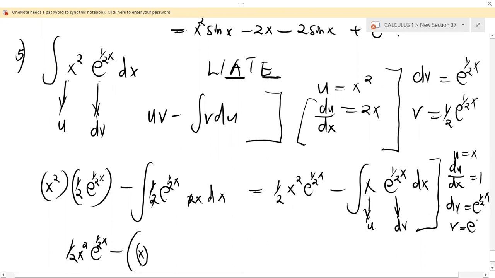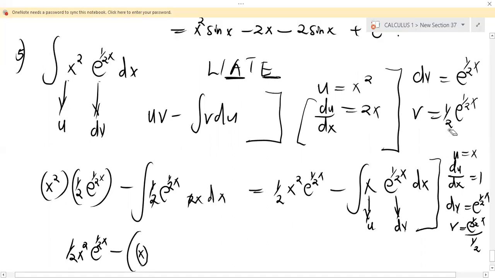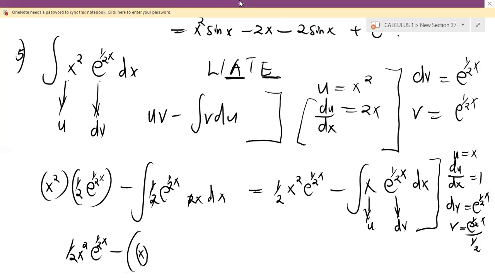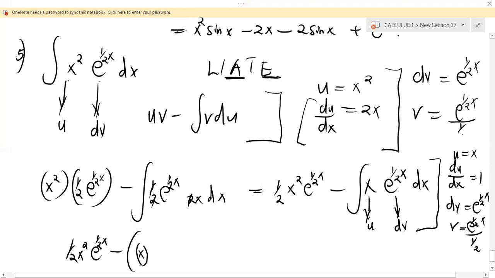is actually exponential a half x over a half. And I need to make a correction, because when we were integrating it here, this was supposed to be over a half. So right here, this is exponential a half x over a half. That's how we go about integration. Now that we have that, let's see what changes, because here we had the uv.